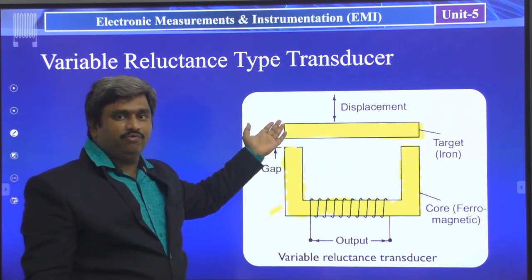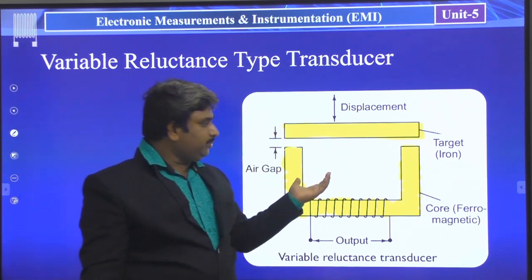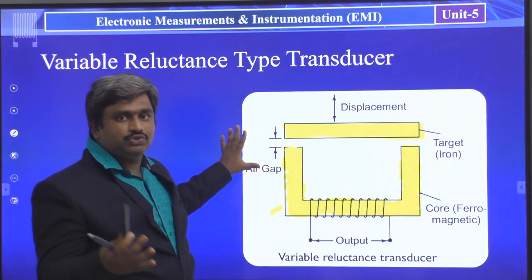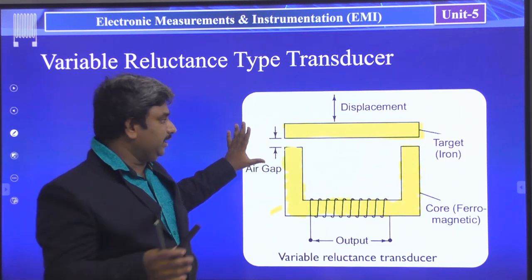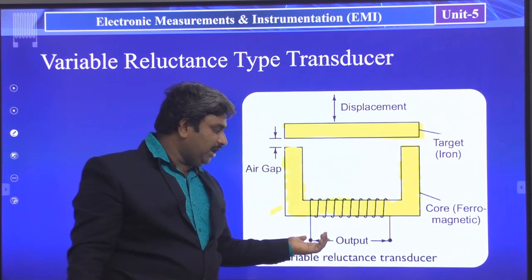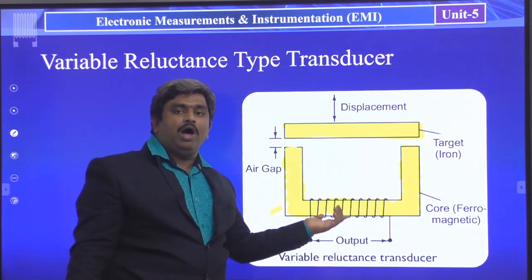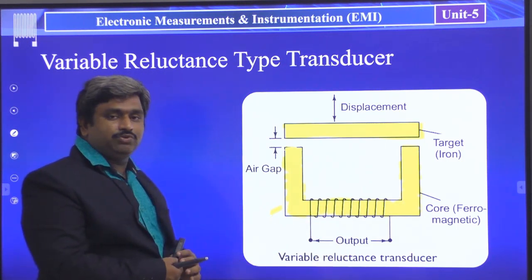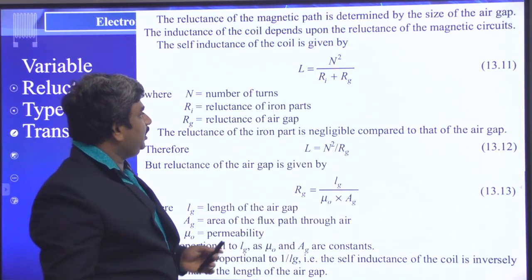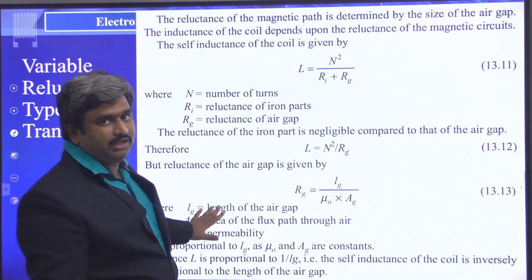There are two types of attachments available. If the air gap is heavy, there is no EMF at the output side. If the air gap is very small, then some output voltage will be available at the output terminals of this variable reluctance type transducer. So the same information we have represented with equations here.